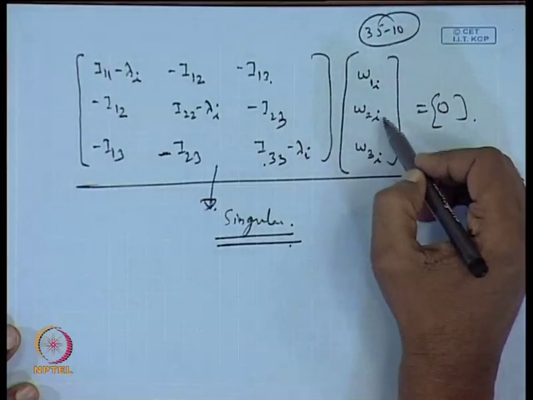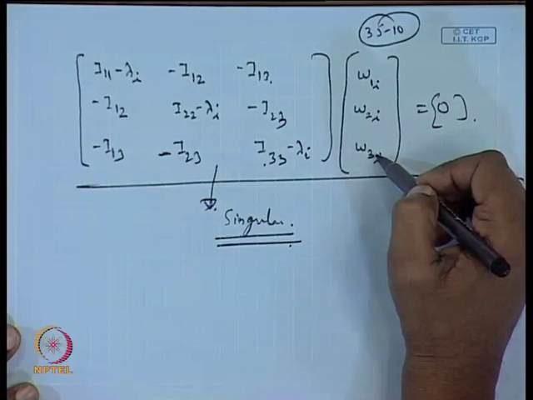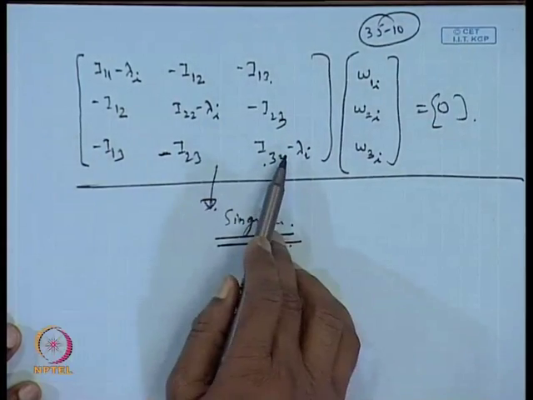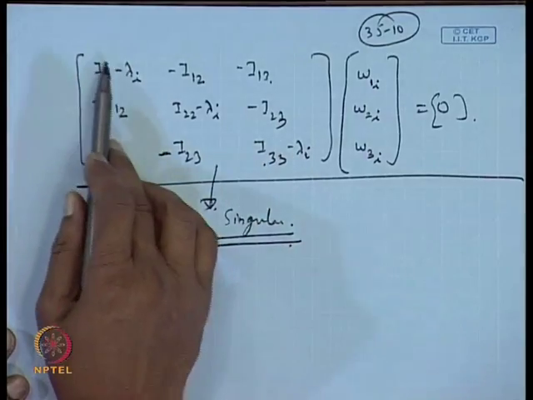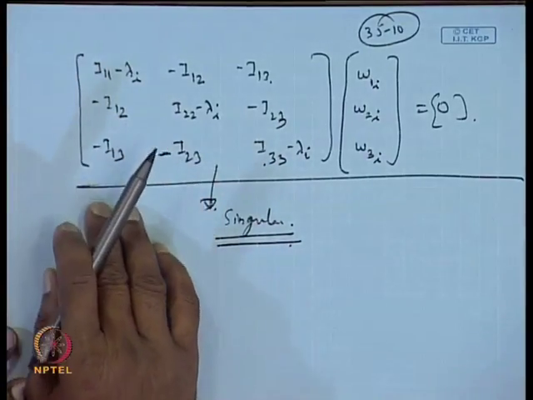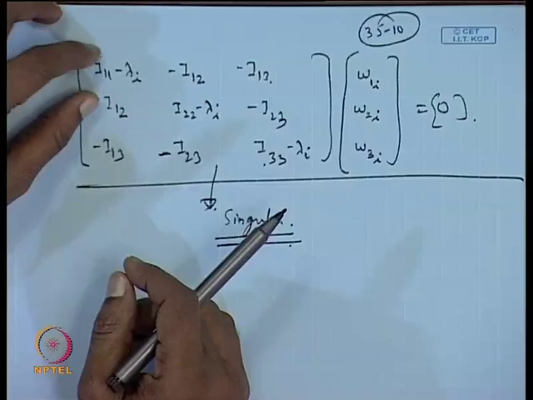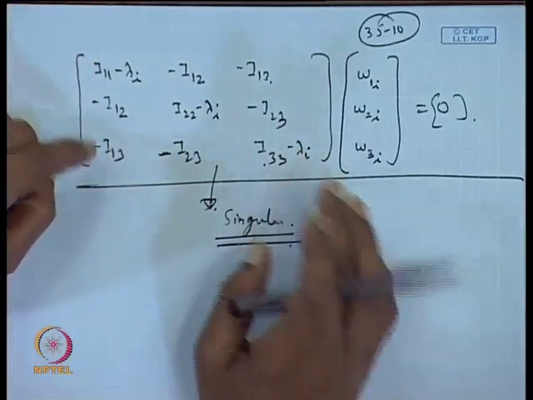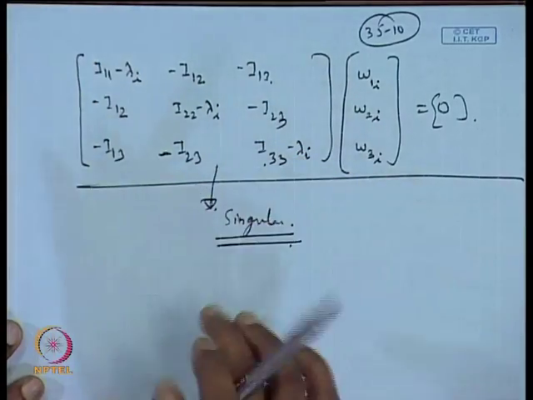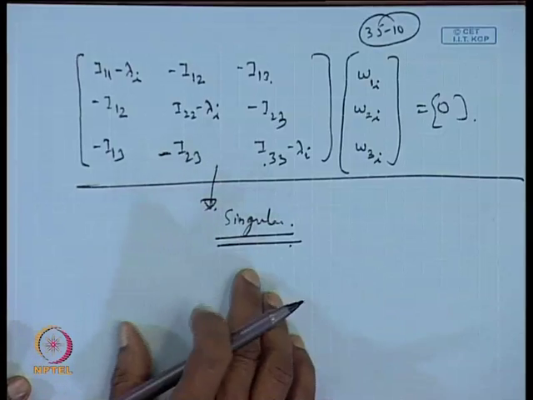Only 2 of them you can find, and the third is to be fixed, because the third equation will turn out to be a linear combination of the other two. You can say in another way that these two can be combined to give you the third equation, the third line here. So, now this is the situation.